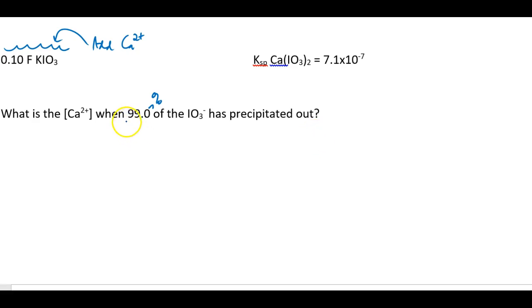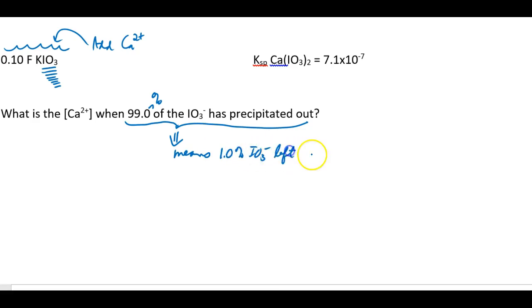So if 99% of the iodate, and that's this iodate here, has precipitated out, doesn't that mean that 1% of the iodate is left in solution?